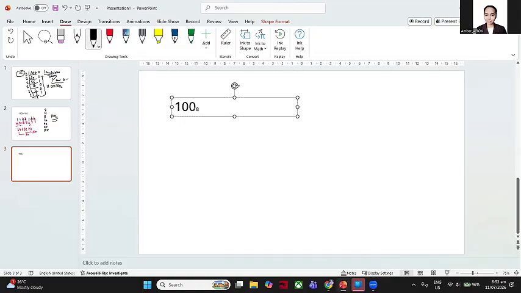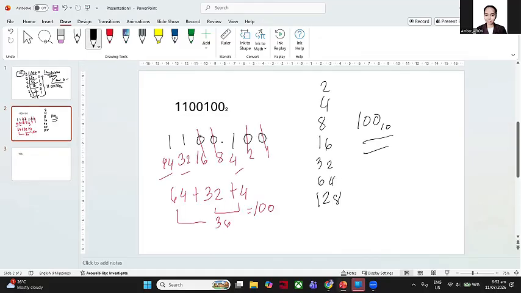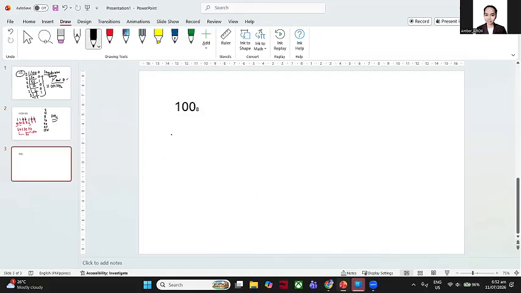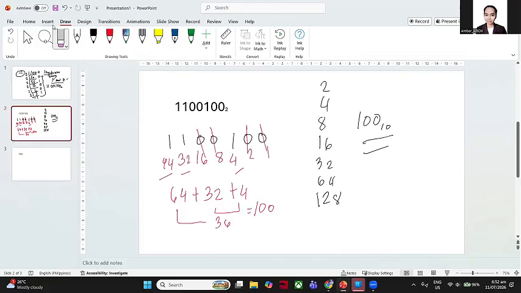Okay. So now let's have it to octal. For this one, let's use the same binary.